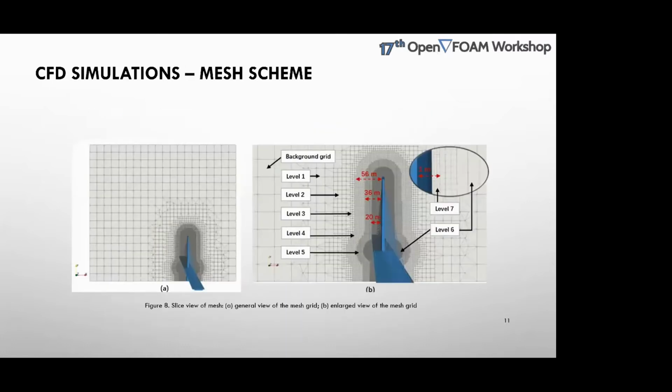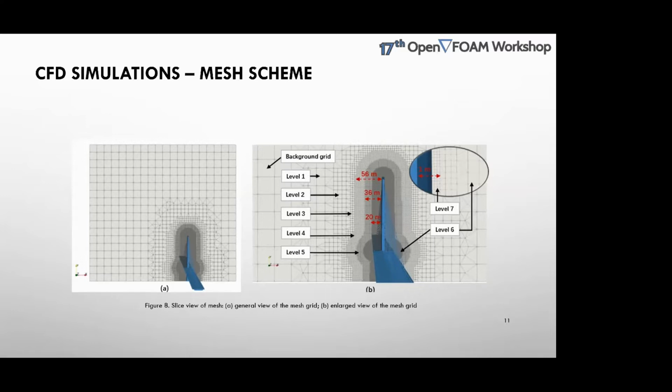Here is the mesh scheme for both domain studies. It's carried out by blockMesh and snappyHexMesh. So you can see there are 7 levels of refinement. The largest cubic cells have a depth of 35 meters, and the smallest one has a depth of only 0.273 meters.